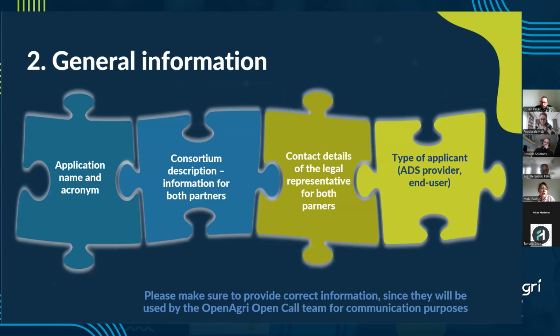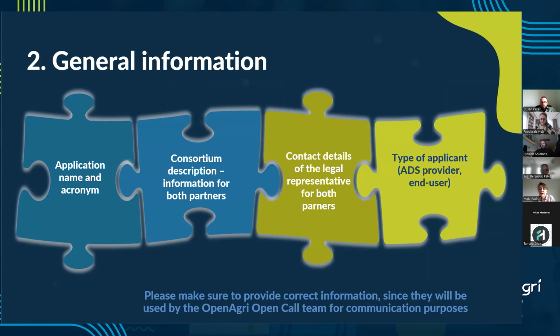In general information, provide the application name, an acronym if you wish, the consortium description for both partners, and the contact details of the legal representative of both partners. In case the contact person is different from the legal representative, please note it in the designated field, and select the type of applicants.